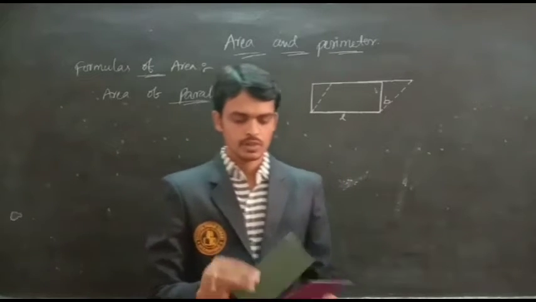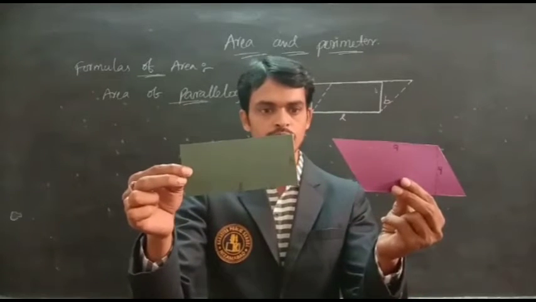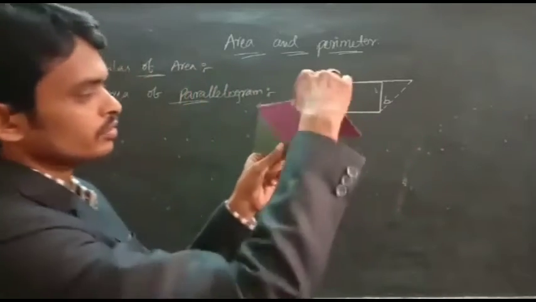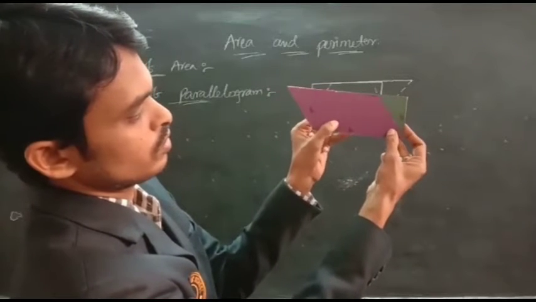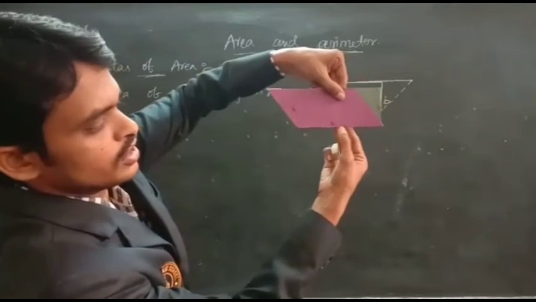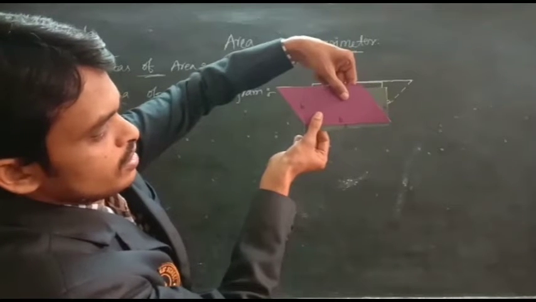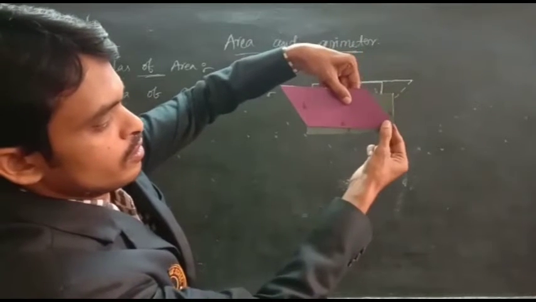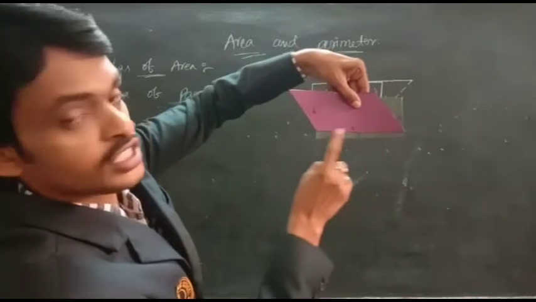So you look at here, this is a rectangle and this is a parallelogram. So I kept like this. Look at this. Right, like this. See this here. Length of rectangle and base of the parallelogram both are same.